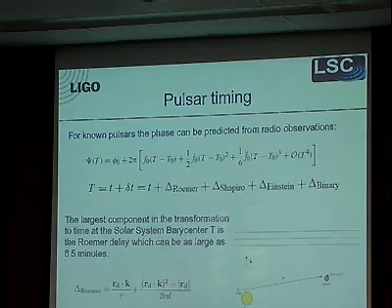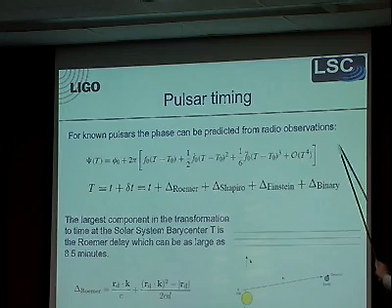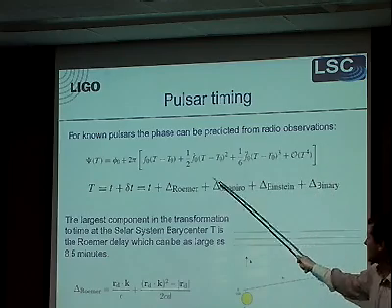So for the radio pulsars, we can predict the phase extremely well from radio observations, and we're collaborating with scientists at Jodrell Bank Observatory, so they can actually measure the phase of the pulsars for each science run. And so for each pulsar at the Solar System Barycenter, in an inertial reference frame, the phase can be modeled as this.